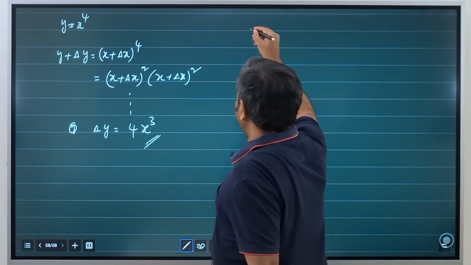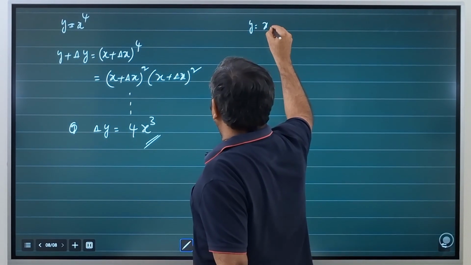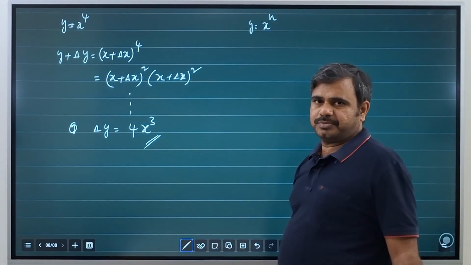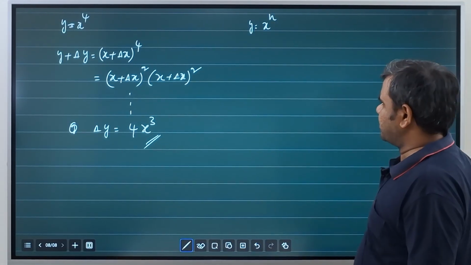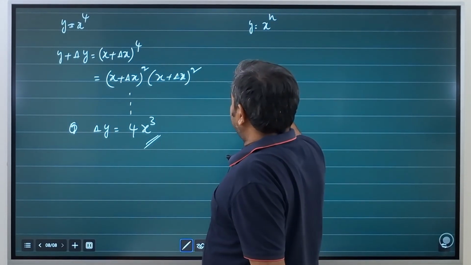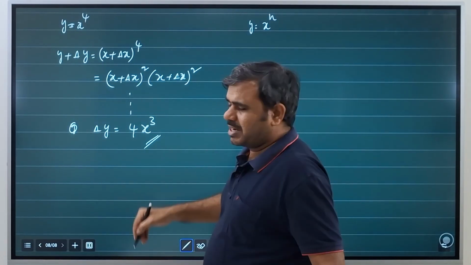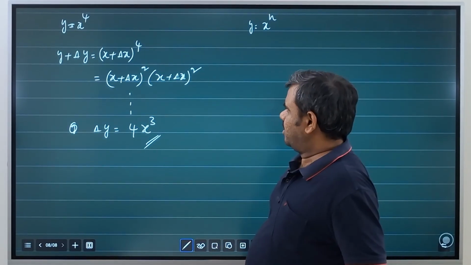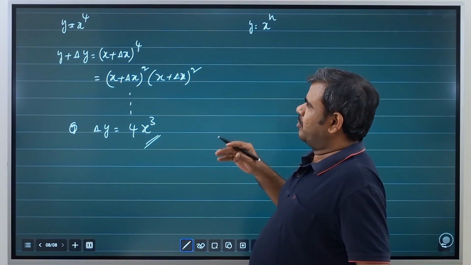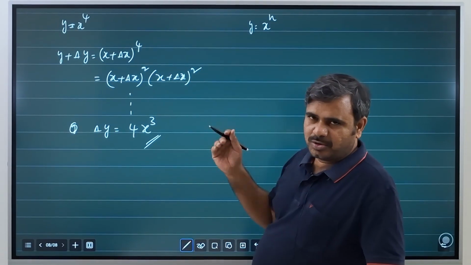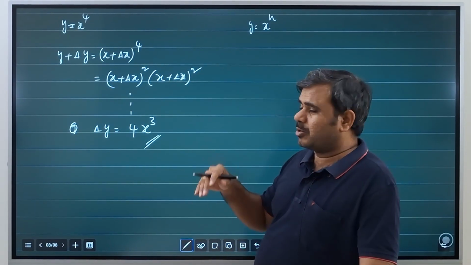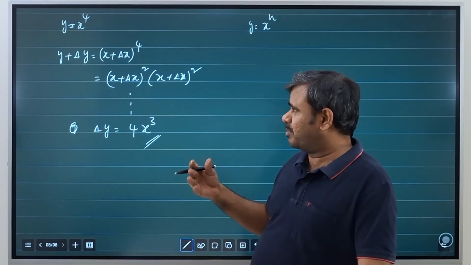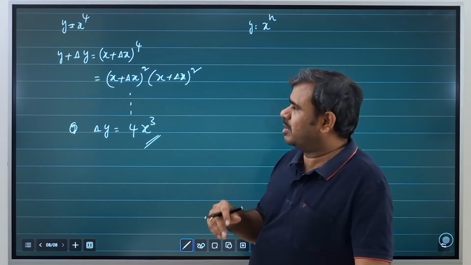If y is equal to x power n, then how do we generalize this? How do we write a general formula? For y is equal to x cube, y is equal to x power 4, x power 5, or root x, x power half, x power minus half, x power minus 1.